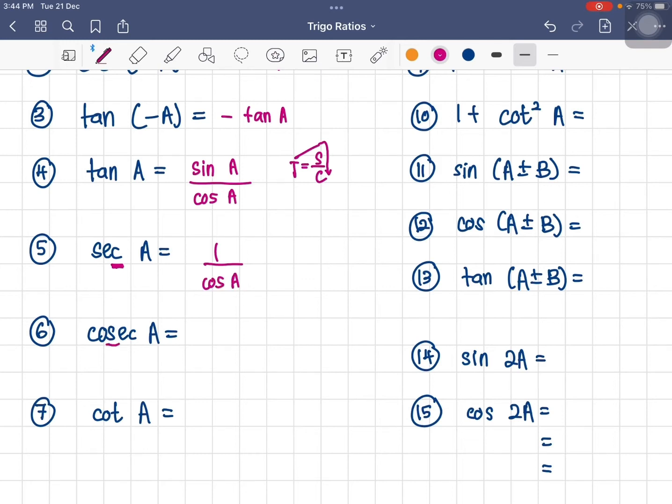And cosecant, you look at the third letter here, so cosecant of a should be 1 over sine of a, because it is s here. That one is secant because it's 1 over cos. And cotangent, you look at the third letter, so it should be 1 over tangent of a. Or if you invert this, 1 over tangent of a is cos of a divided by sine of a, right?